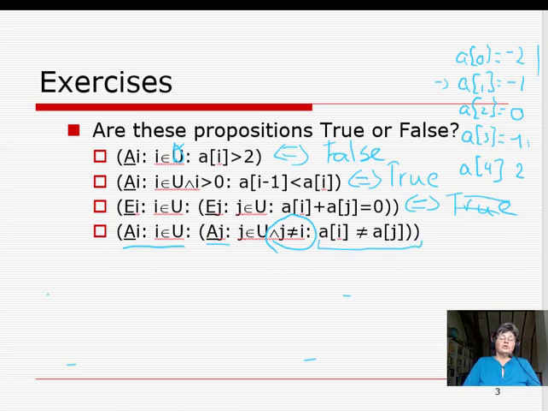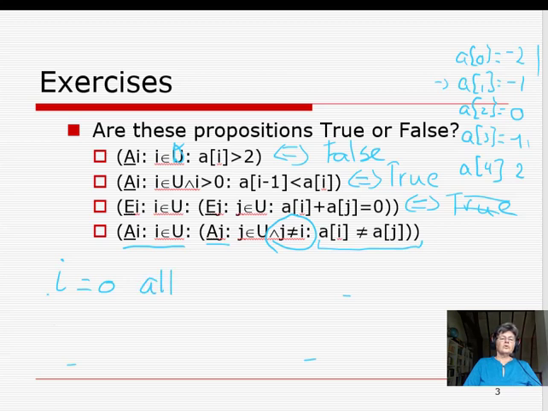Okay, let's give it a try. In fact, we need to check all of them. So let's choose i being 0. Then for all other elements, the values are not the same. Okay, for j is 1, 2, 3, 4. Indeed, they're all different.